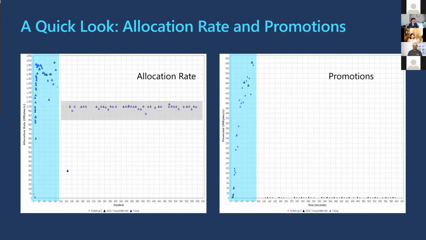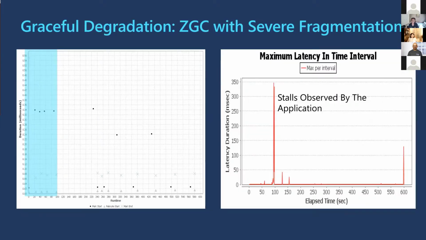So ZGC is not yet generational. So how does ZGC handle this kind of fragmentation and this workload that's suited for a generational heap? What you see here is the pause time in milliseconds. Okay, so this is the runtime right here, and this is the pause time.